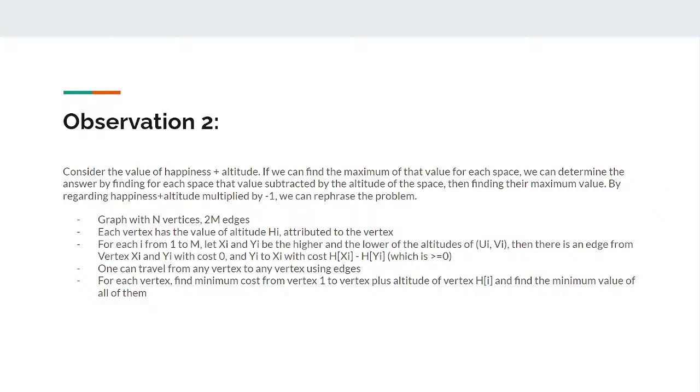If the altitude decreases, he loses nothing. But if the altitude increases, his happiness will decrease much more, so he will lose a positive value. So in the end, you're trying to make sure that this decrease is as small as possible, and we can do that with our single source shortest path, aka Dijkstra.